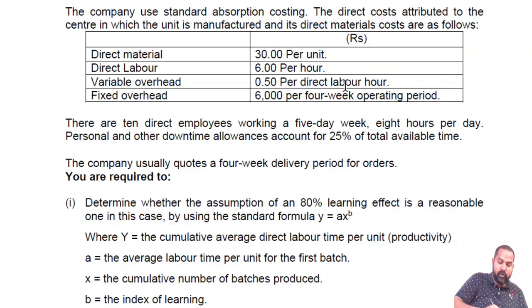Then variable overheads is 0.50 per labor hour. And lastly, fixed overhead is 6,000 for a 4-week operation. Pretty simple. Let's begin.